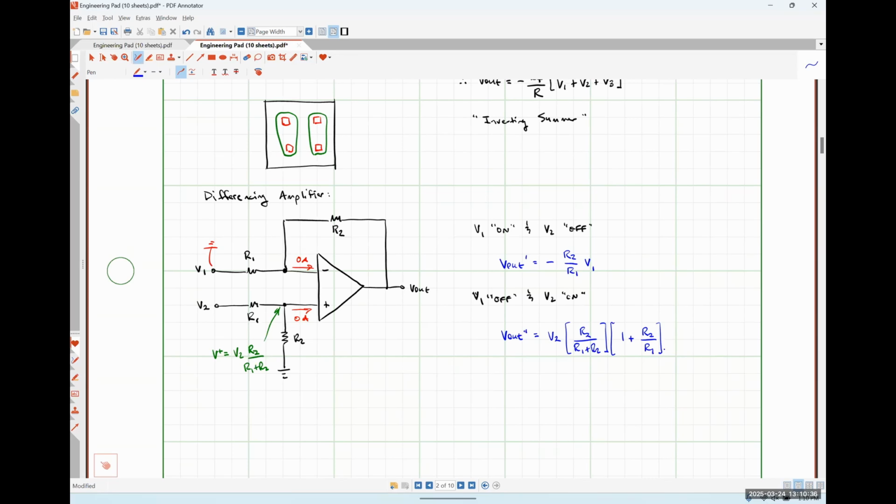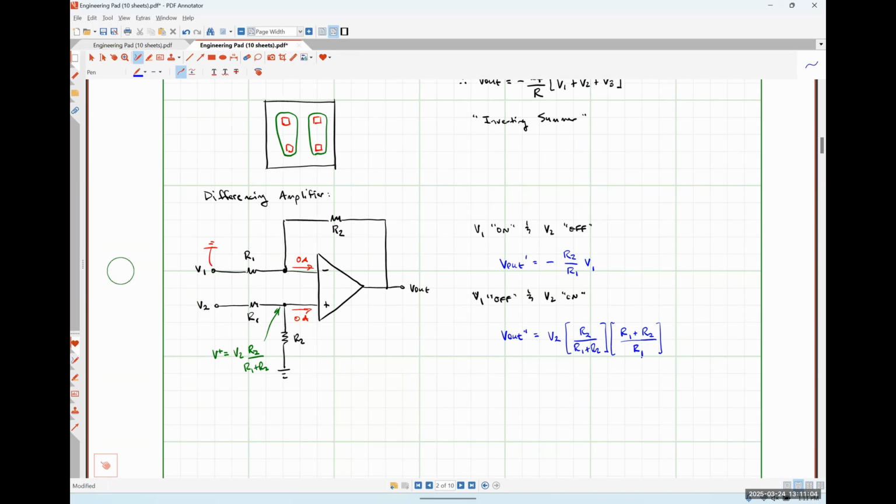Okay. Well, I'm going to do something maybe a little odd here. I'm going to change that 1 into R1 over R1. So that I would have R1 plus R2 all over R1.